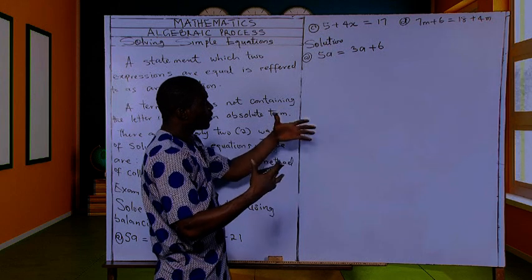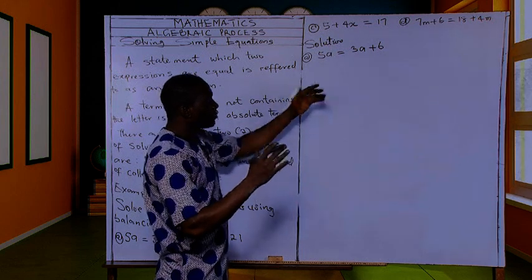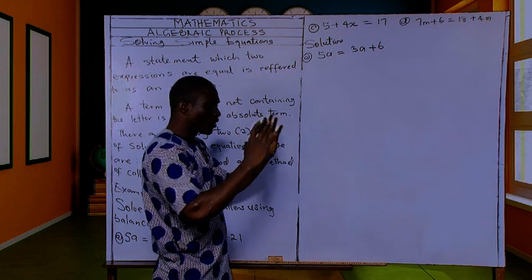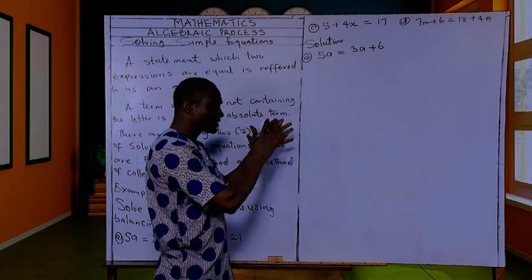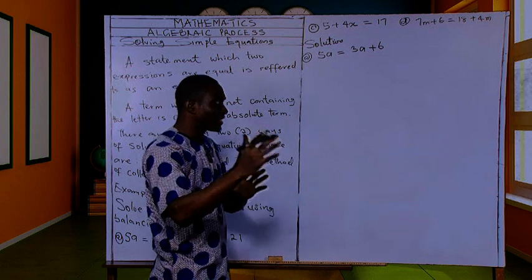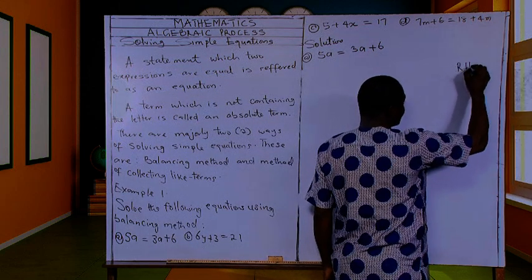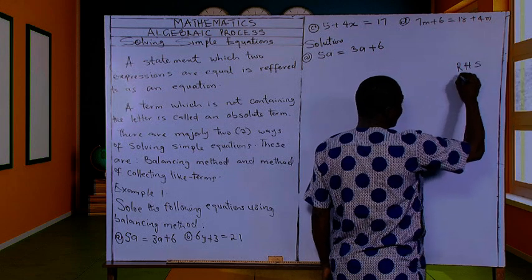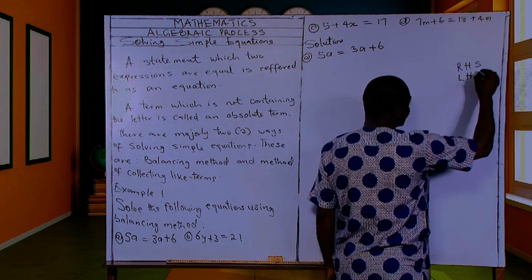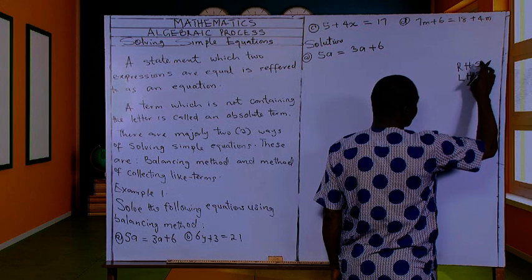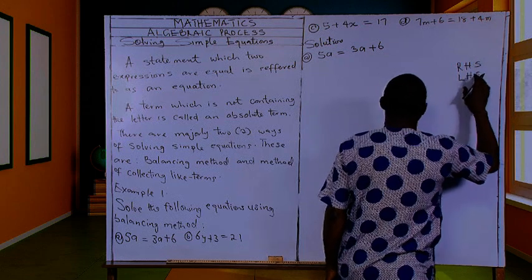What we mean by that is that whatever you do on the right, when you have an equation, we will be talking about the right hand side and the left hand side, RHS and LHS.